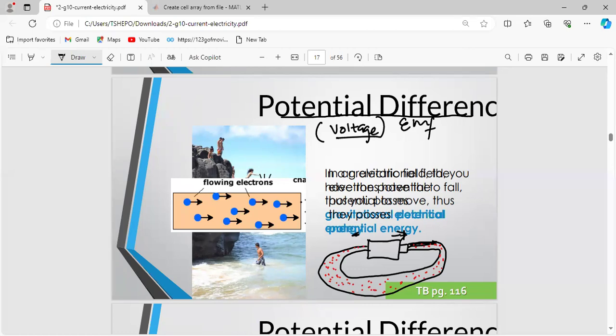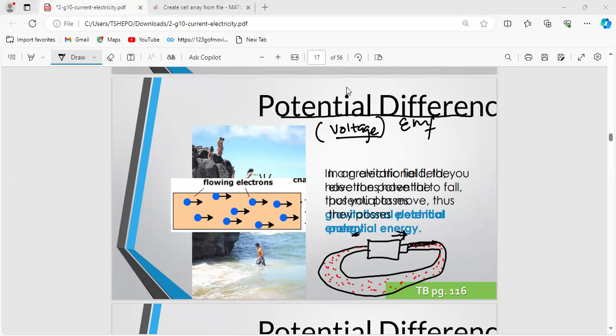And therefore, when the electrons transfer that energy, they will start to move or flow inside of the circuit. So what made these electrons flow inside of the circuit? It is the potential difference from a battery.